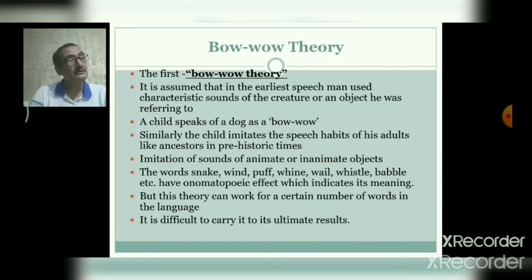We listen to some words, or if we focus on certain words, we'll understand that the sounds of those words are powerful enough to convey their own meaning. For example, words like snake, wind, puff, whine, wail, whistle, babble, etc. have onomatopoeic effect, which indicates their meaning.